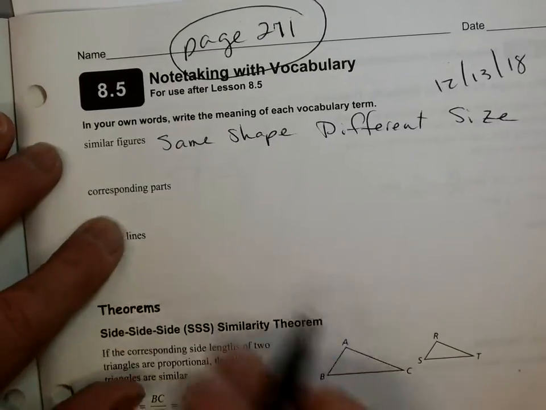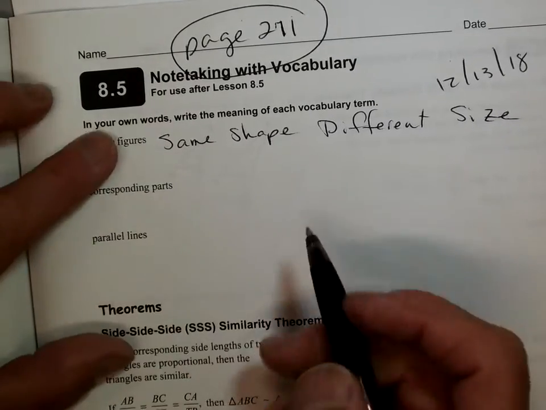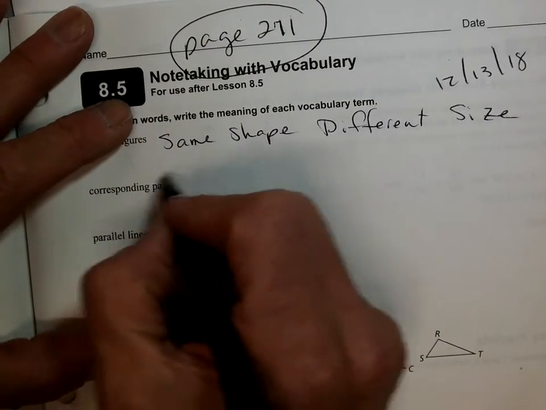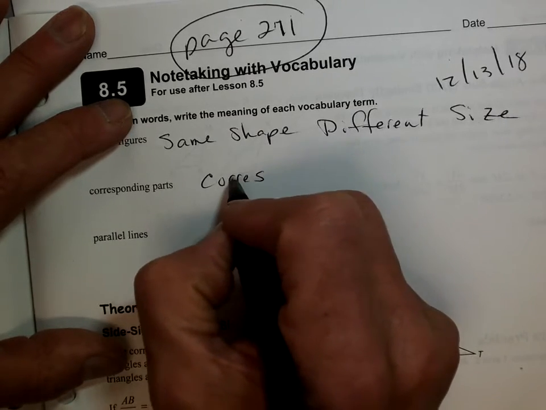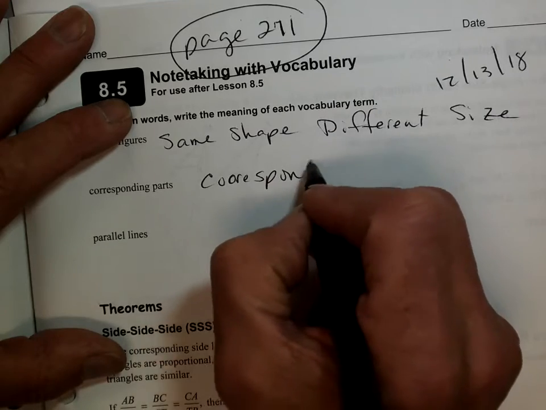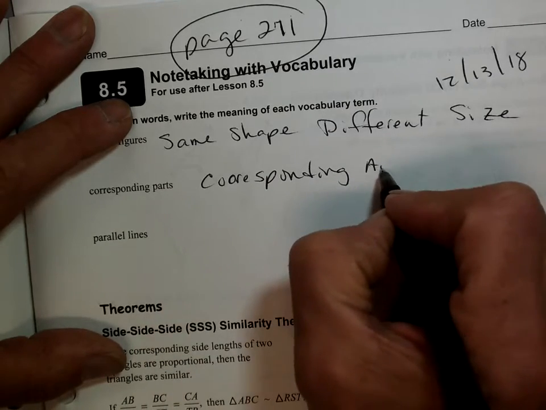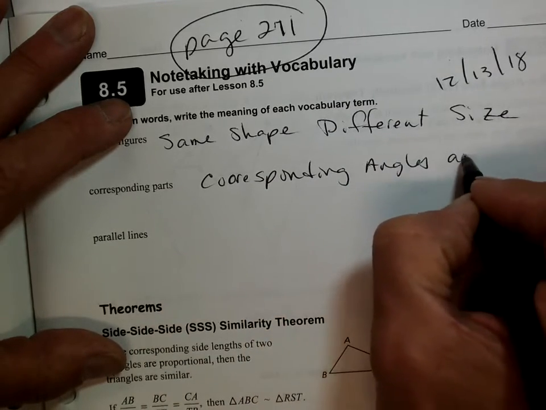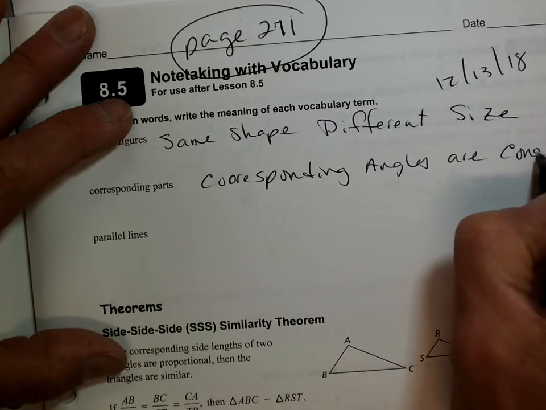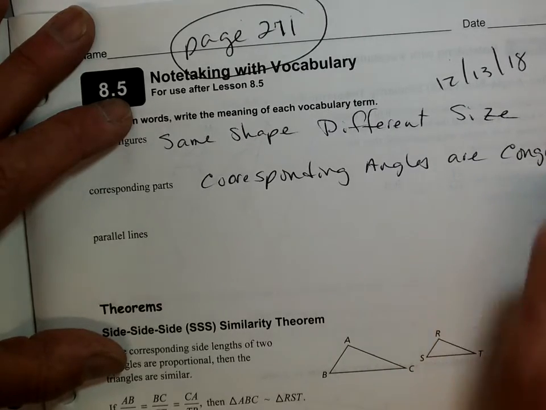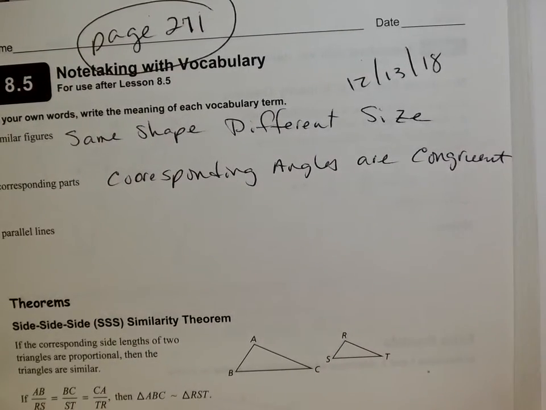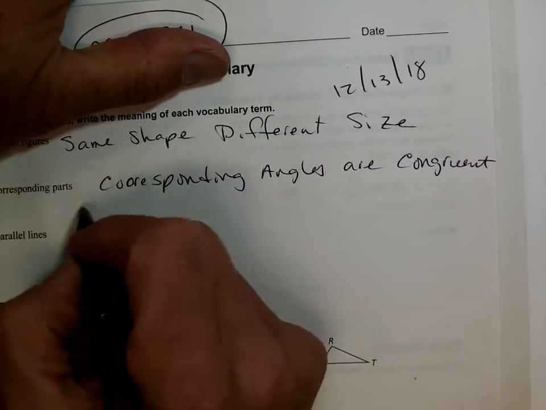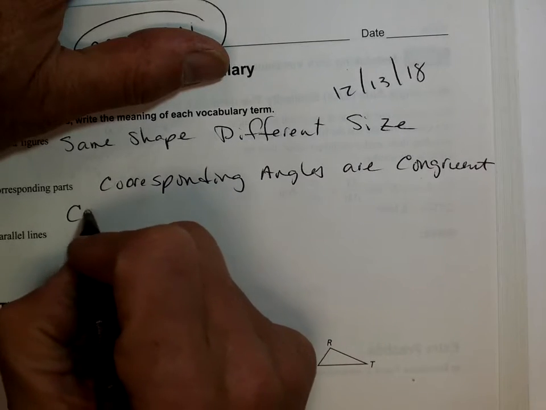Well, that means the corresponding parts, that means the angles, that means that our corresponding angles are congruent. Okay, so our corresponding angles are congruent, and our corresponding sides.